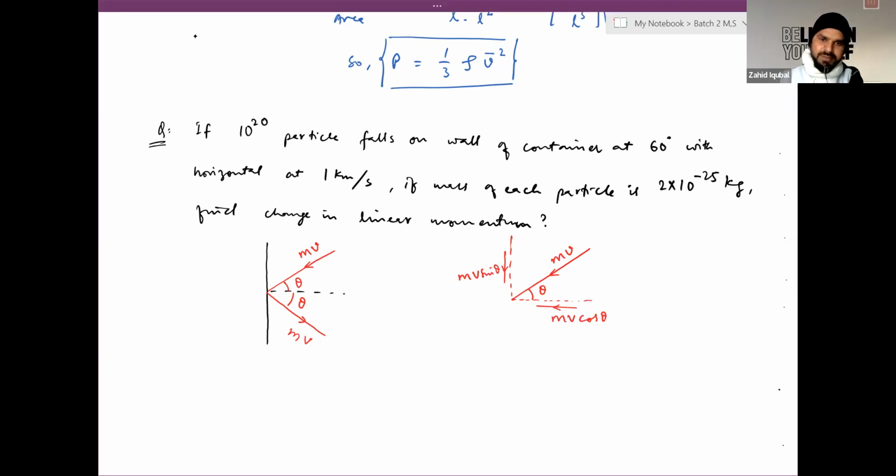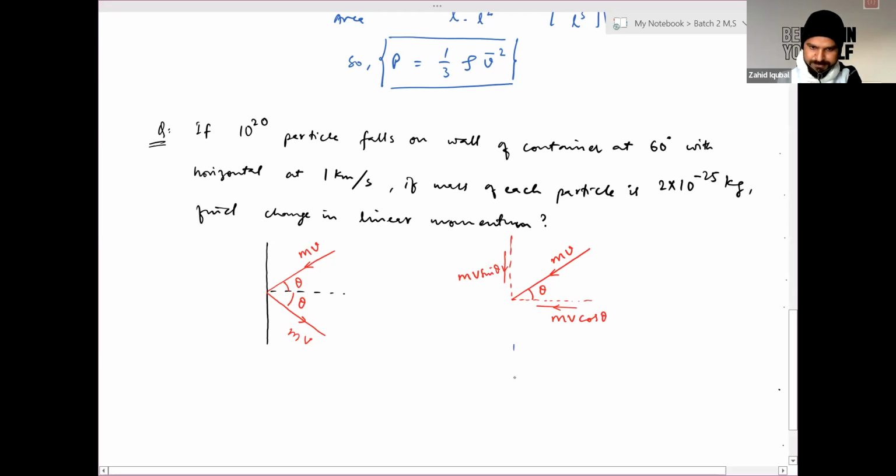On getting reflected back along this direction, having the same inclination theta, momentum along this direction will be mv cos theta, and momentum along this direction will be mv sine theta.